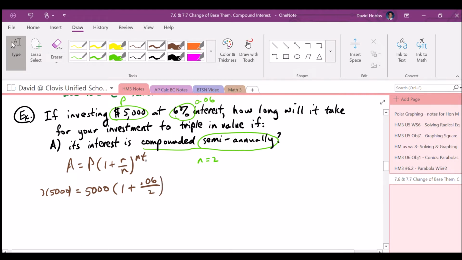And it's to the power of 2t, because we're solving for time. Okay, it's all set up. What would we do first? Well, I'd probably go ahead and divide both sides by 5,000 first. And so if we do that after one step, I have 3 on the left side equals 1 plus 0.03 to the 2t, which 1 plus 0.03 is 1.03.